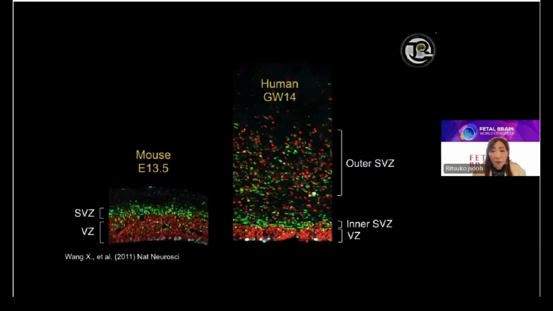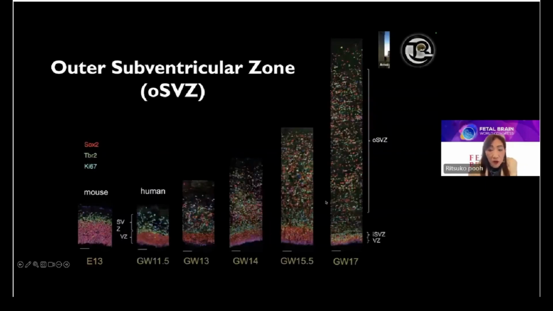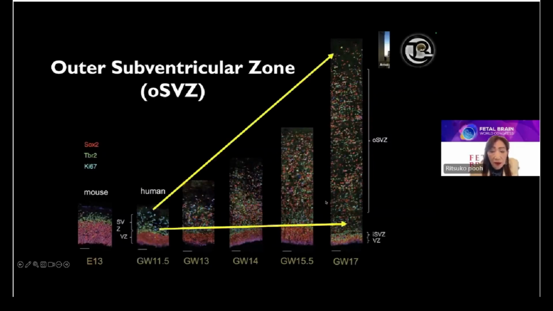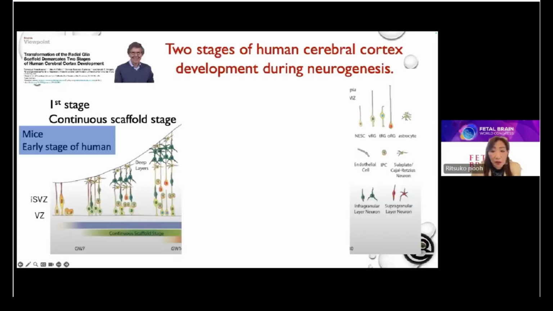Now, the most different point in cortical neurogenesis between mouse and human is the outer subventricular zone. The outer subventricular zone in humans becomes wider and wider between 11 and 17 weeks of gestation. There are two stages of human cerebral cortex development during neurogenesis.